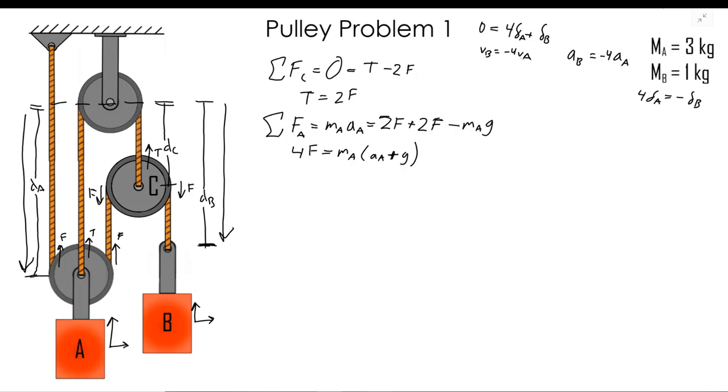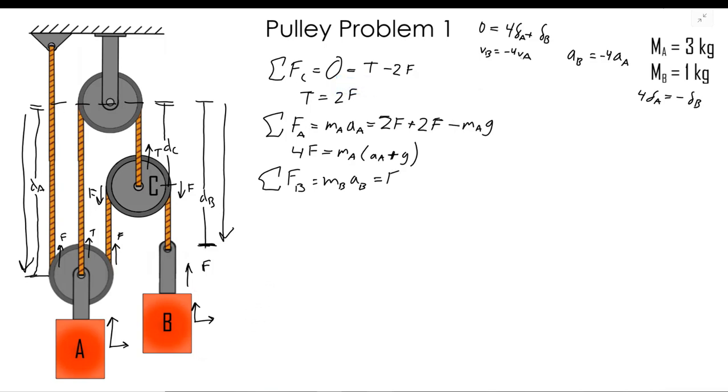And then we're going to deal with this one. So the sum of the forces at B, that's going to equal mass times acceleration, of course, MB times AB. And that's going to equal, so we got an F pointing up right there, and then we have a weight pulling down as well again.